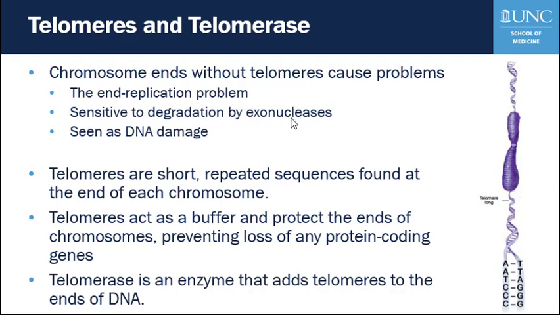And so fusion of chromosomes would mean that they couldn't separate properly during mitosis. Or the chromosome end could trigger cell death through checkpoint pathways, and really either one of these pathways would be unfavorable for an otherwise healthy cell.